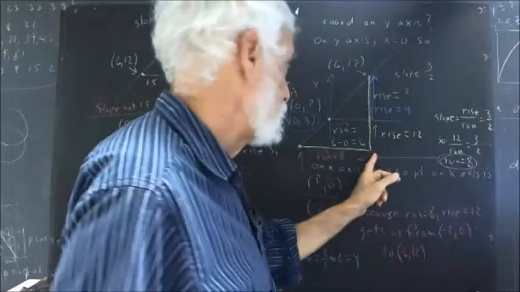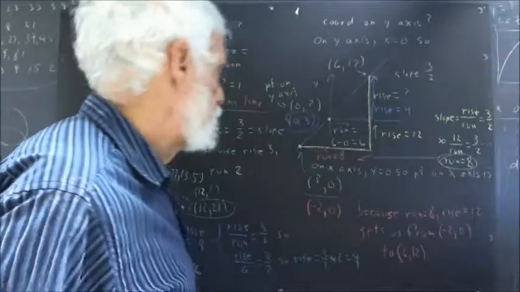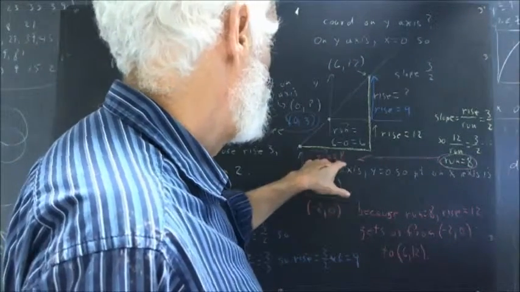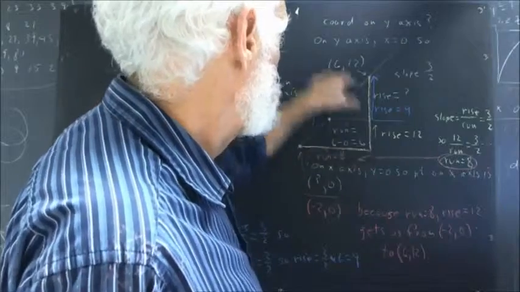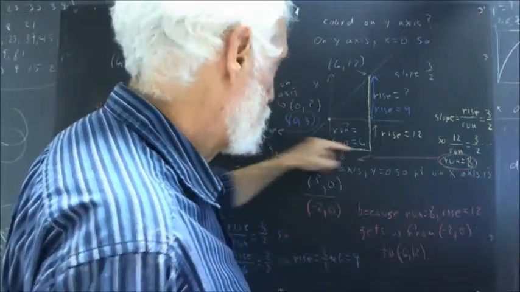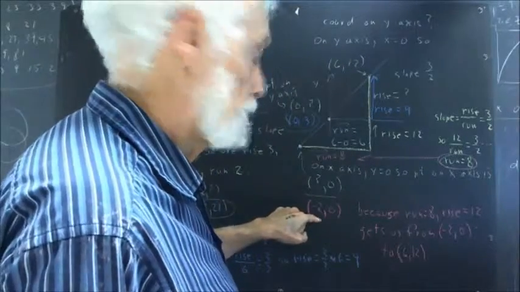So now we know the run is 8 and the rise is 12. We know that the x-coordinate is 6 at the top. The run from here up to x-coordinate 6 is 8. So where do we have to start to make a run of 8 and end up at 6? Well, we have to start at -2.